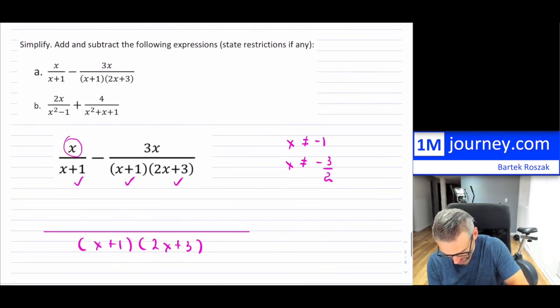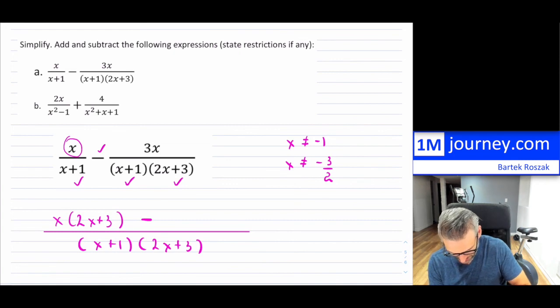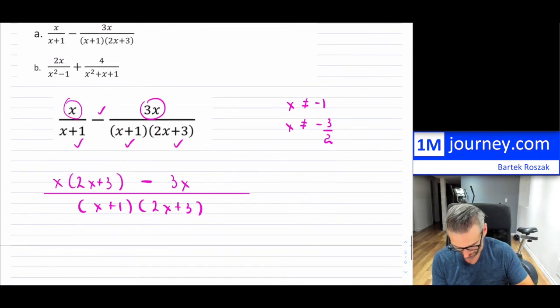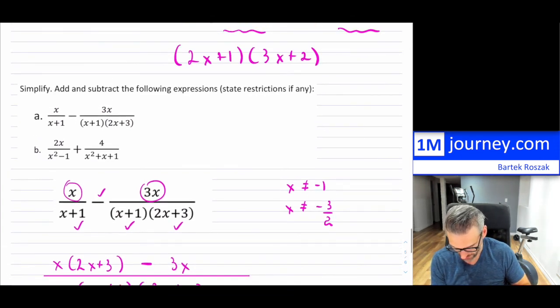Okay, so this x is going to get multiplied by 2x plus 3. That's our minus. And then this 3x is going to get multiplied by actually nothing, because those two factors are already there. And now the following expression simplifies.